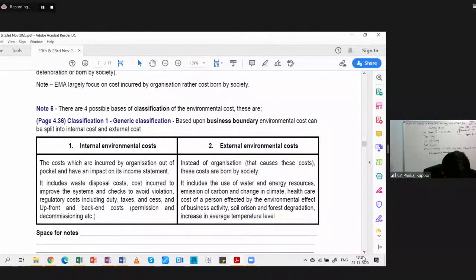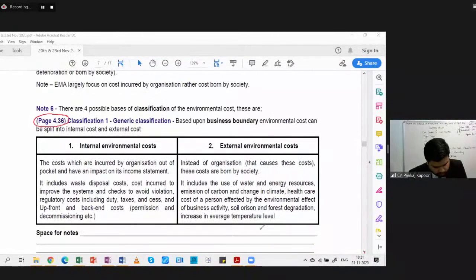Neil from Mumbai asks: Sir, the study material available on the ICAI website does not have a classification topic in it. How can we work around that? Will updated study material be released? Friends, this topic is already there. If you see the January 2019 edition on page number 4.36, Neil, wherever I wrote the note, at the same time I wrote the study material number itself.